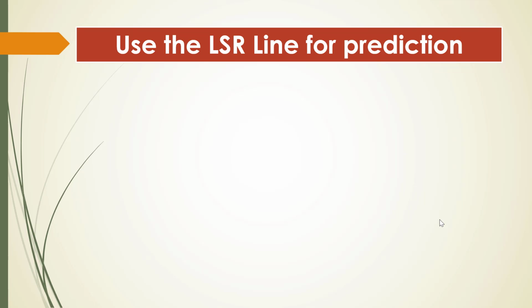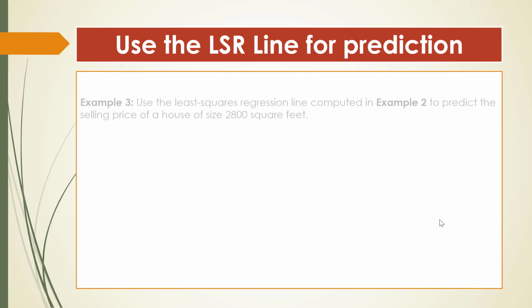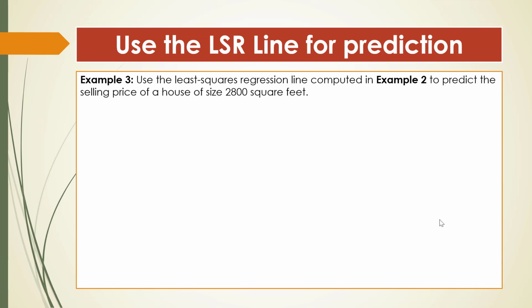Use the linear regression line for prediction. So use the linear regression line computed in example 2 to predict the selling price of the house of size 2800 square feet.